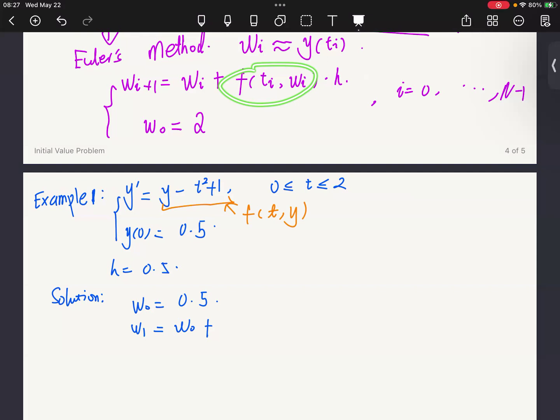So I'm going to write out the whole thing here: w(i+1) equals wi plus h times f.